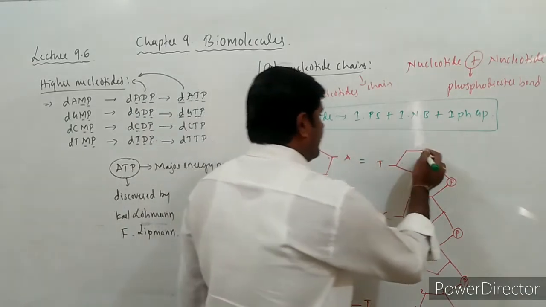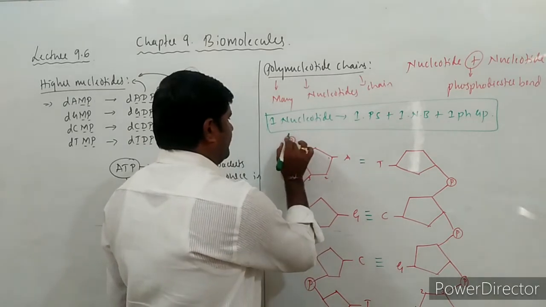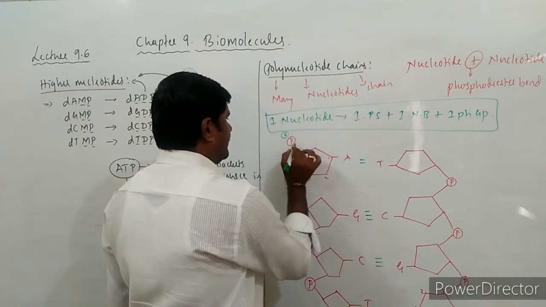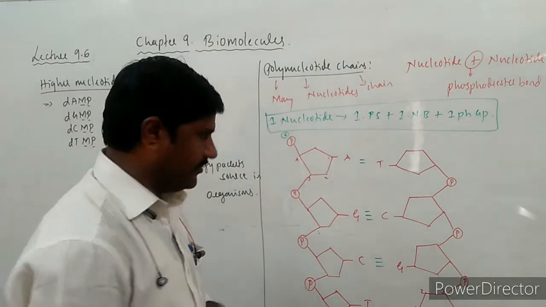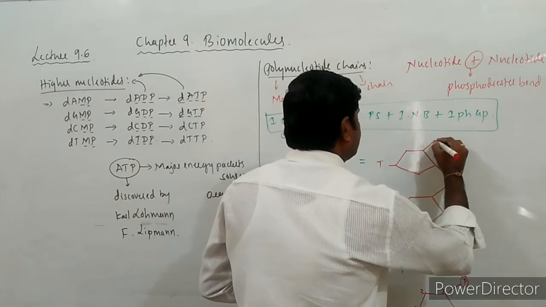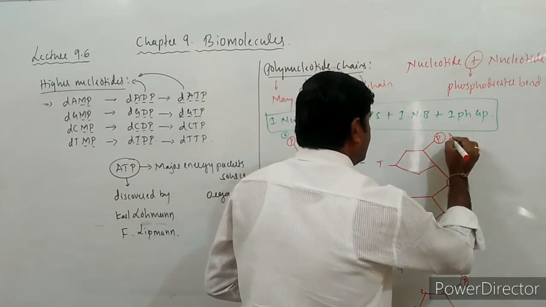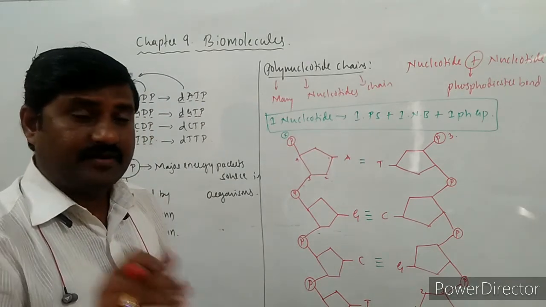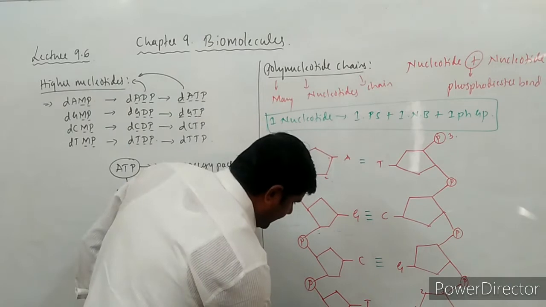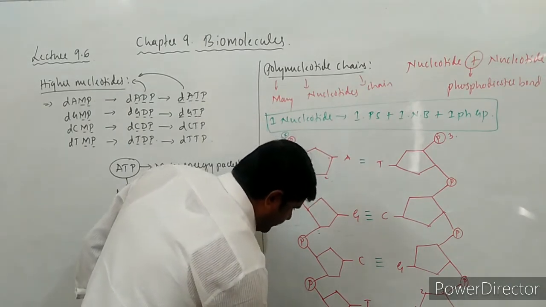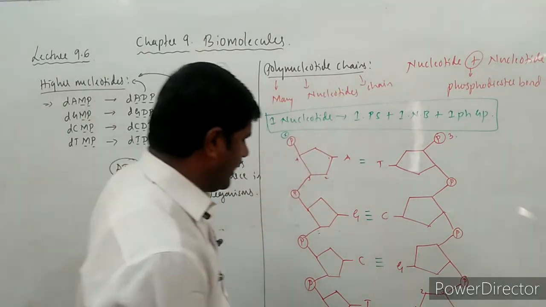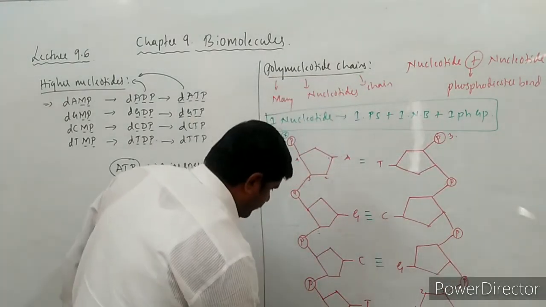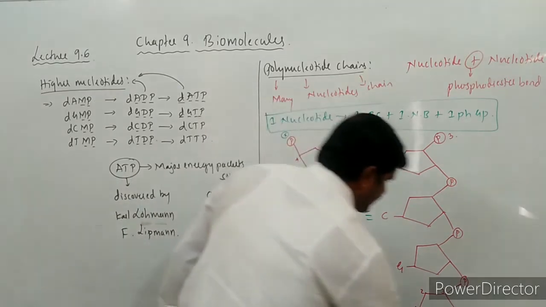Right? See here, one more thing I have left over here. This is the fifth carbon atom, it is left behind, and see here, the third carbon atom is left behind. Okay, the terminal parts you can observe over here. Here you can observe that the phosphate group is attached on the third carbon atom, and here it is the fifth carbon atom. So this is 5', this is 3', this is 5'.